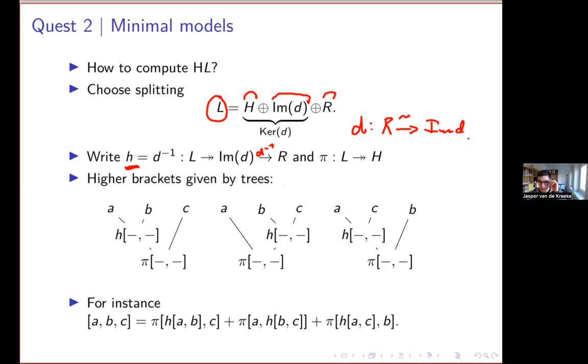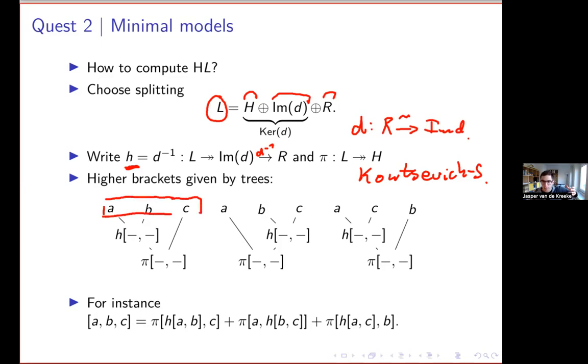Now, if you have defined these gadgets, you can write down a formula, which is, I think, due to Kontsevich and Soibelman, for the higher products on your minimal model. And it's defined as a sum over all possible trees where you have the things you want to compute the product of. So in this case, the higher bracket.